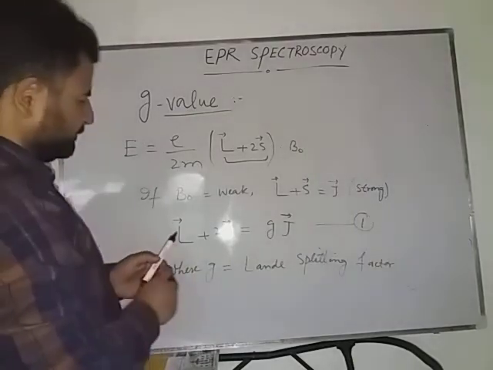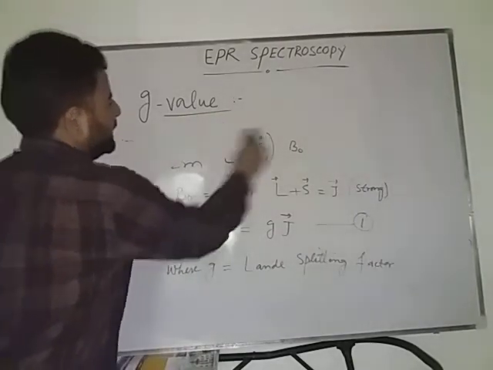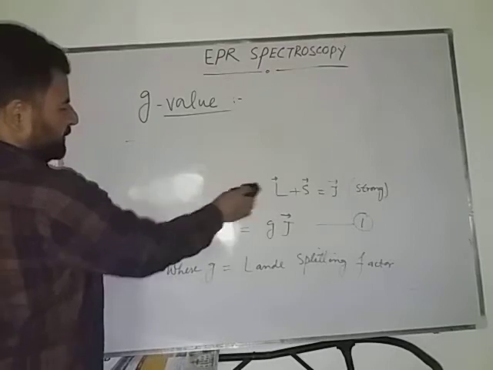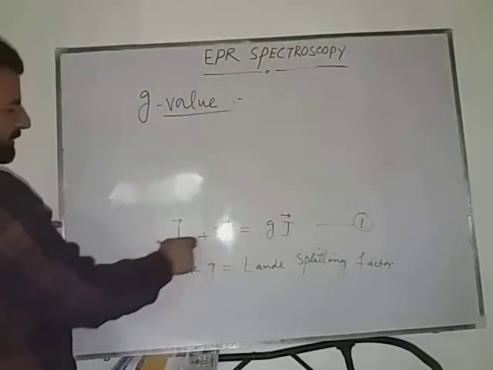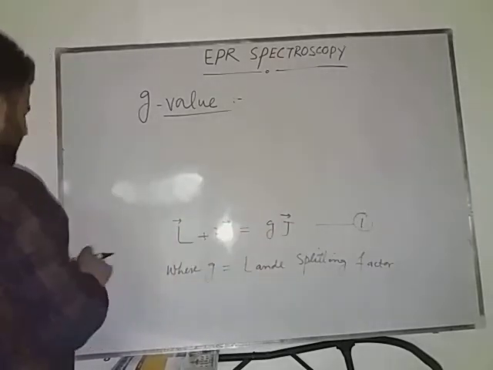Now we will take the J dot product of this equation, which means we will multiply by J on both sides.